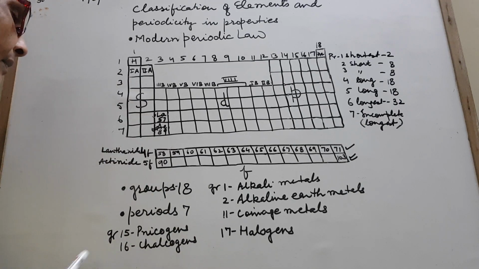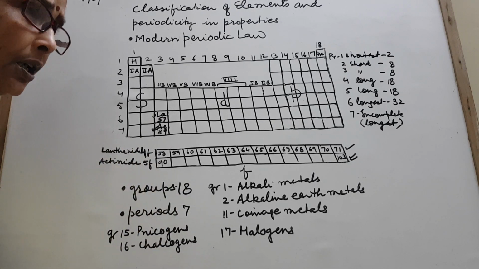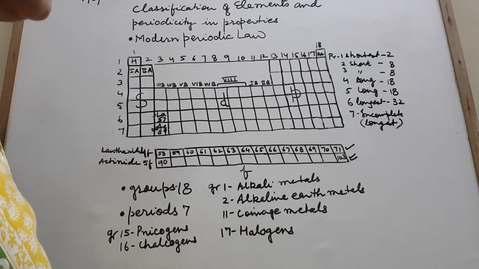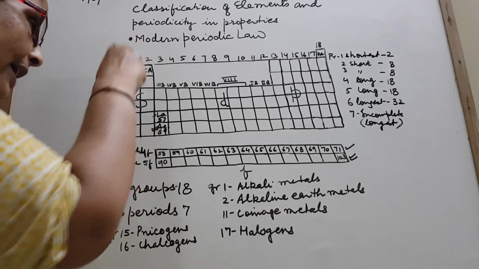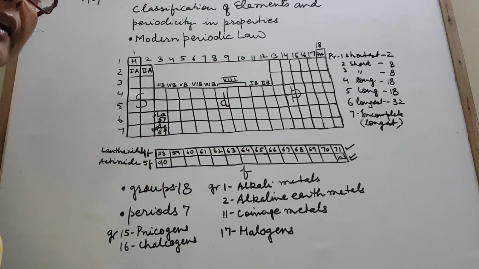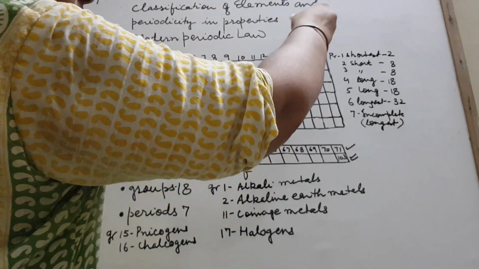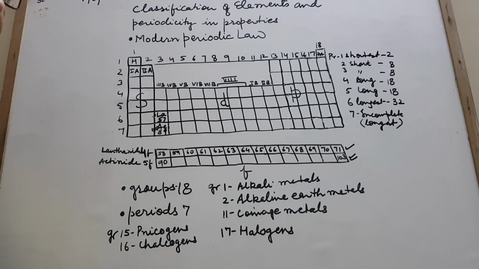Then, children, as I told you, vertical columns we call groups. What does a group tell us? Or through the group number, what do we come to know? What information do we get? Although you know it also, in a group, from top to bottom, all elements have the same or similar electronic configuration for the valence shell, the outermost shell.